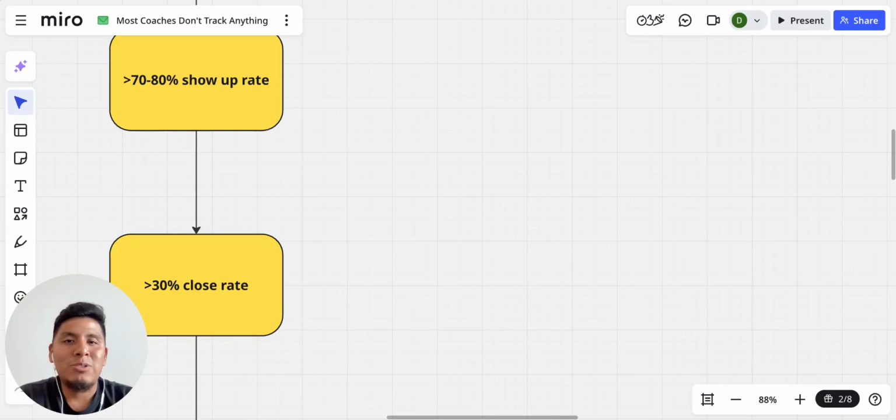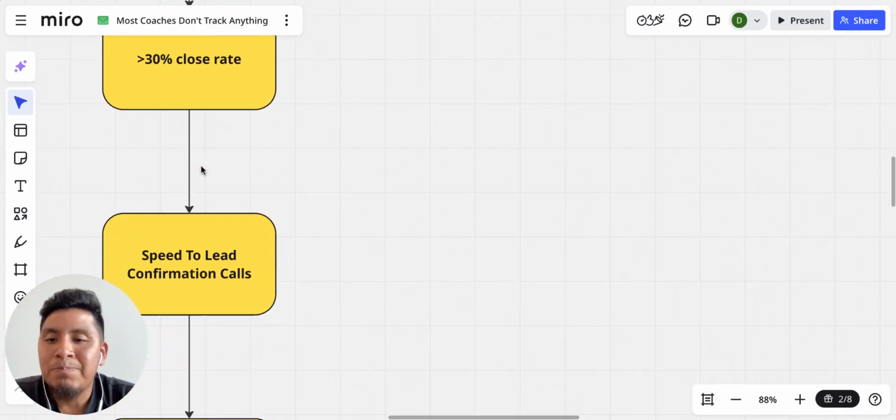And they won't tell you why, but you'll find out why later. You also want to make sure there's a minimum 30% close rate. Obviously the closing frameworks have to be in place, but there also need to be people that show up that are quality, right? So it can't be a low show up rate and then higher quality. You want both of them to be in good standing, right?